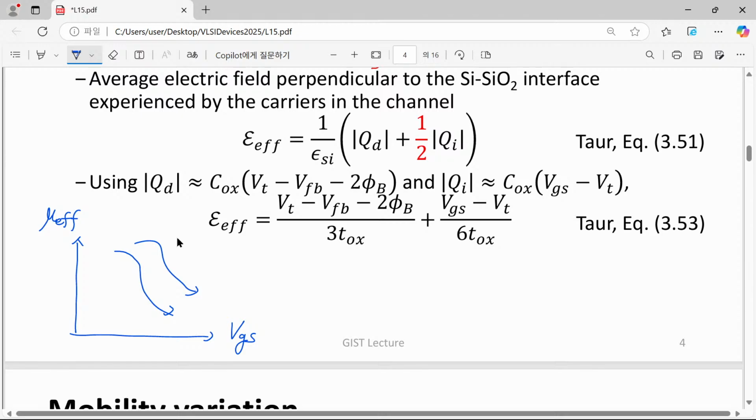Effective mobility is reduced. So this is not good news, because if we want to use our transistor, usually what we do is apply a very high gate voltage corresponding to VDD, and we want to use that electron channel as a charge conducting layer.